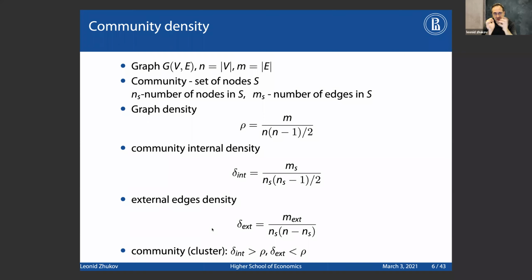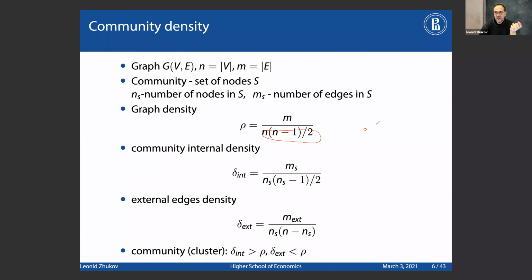We define graph density in general as the ratio between the number of edges that exist in the graph and the maximum possible number of edges. If you have a complete graph, then the density is 1. If you have an empty graph, density is 0. Everything is in between. So what you can think of is a definition of community internal density.